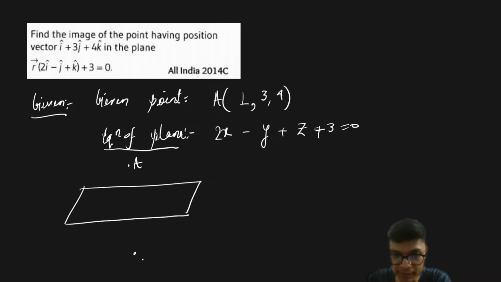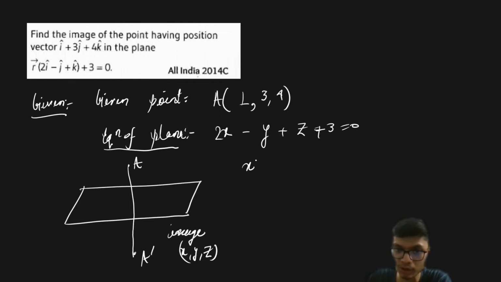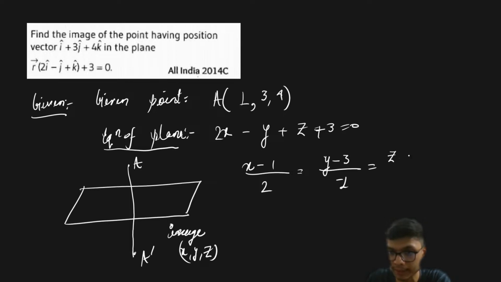So in order to find the image, let us say that the image of point A is A dash, with coordinates x comma y comma z. The image of the point is given by x minus 1 upon 2 is equal to y minus 3 upon minus 1 is equal to z minus 4 divided by 1 is equal to minus 2 times, just put this particular point in the equation of the plane.